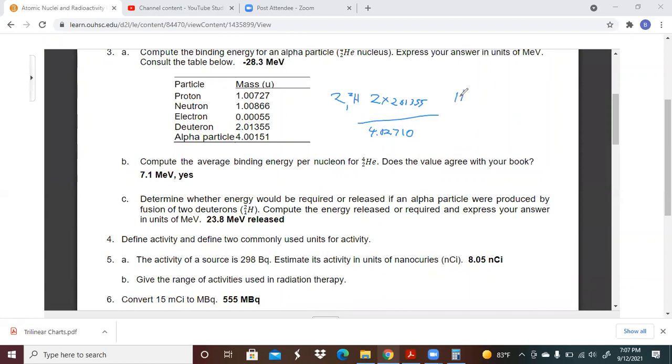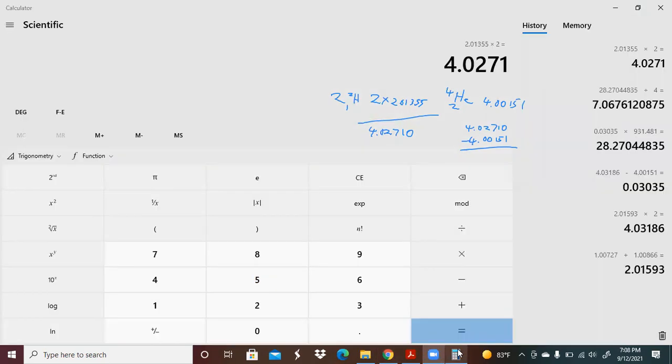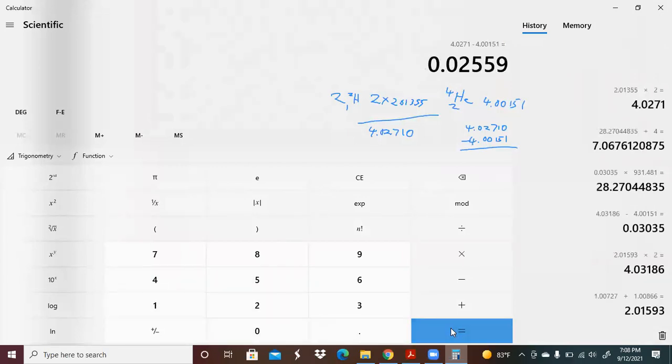The end product is going to be this. So we're going to have 4.00151. So we're going to go from this into this, which means we're going to end up having excess energy. The question is how much? So 0.02559.